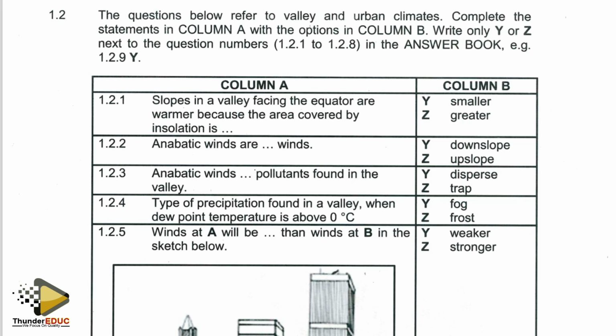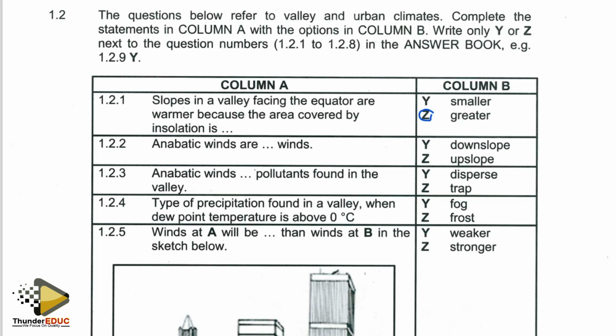So basically, the area that receives insolation in those slopes is larger. So our correct response is Z for number 121.